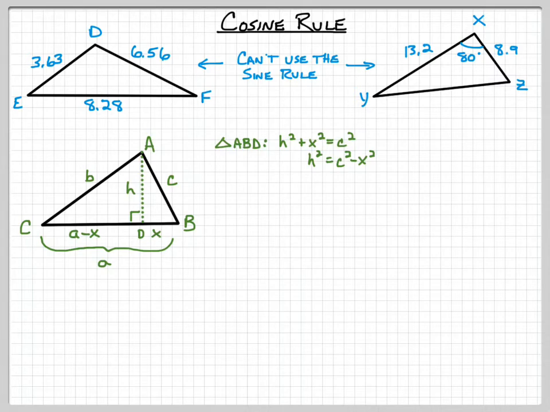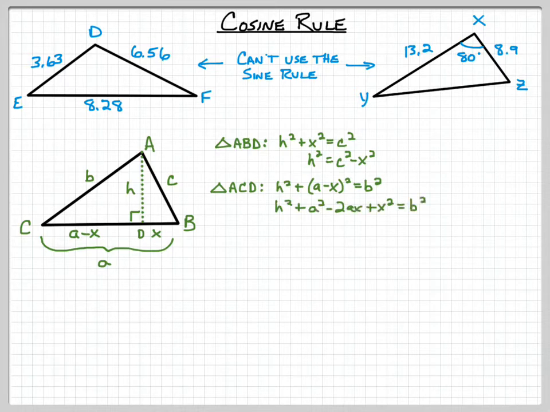Now let's look at triangle ACD, and we're going to do the Pythagorean theorem for that as well. We've got h squared plus (a minus x) squared equals b squared. Let's expand out that (a minus x) squared, and we have all of this equal to b squared. We already know from above what h squared is, so we can substitute it in down here.